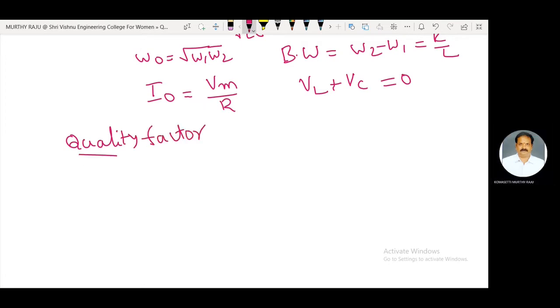Quality factor is represented by Q naught.